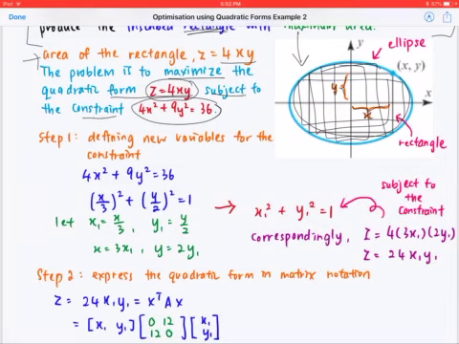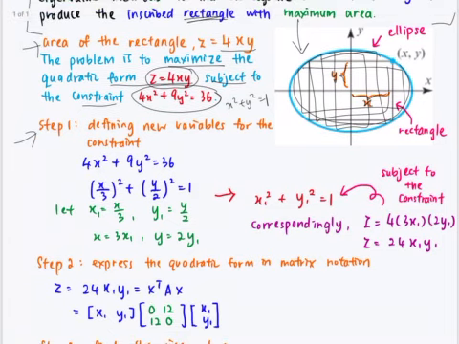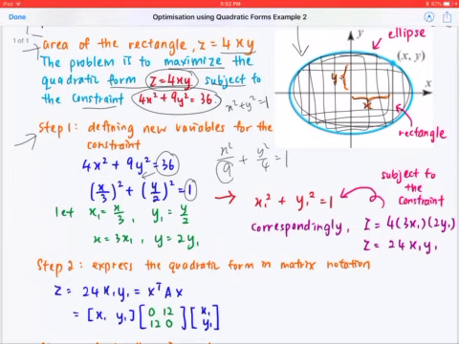Now since the constraint is not in the simplest form, x squared plus y squared equals 1, the first step you need to do is define new variables for the constraint such that you can get the simplest form. So I'm going to rearrange. You divide both sides by 36 such that you end up with 1 here, and this is x squared divided by 9 plus y squared divided by 4 equals 1.